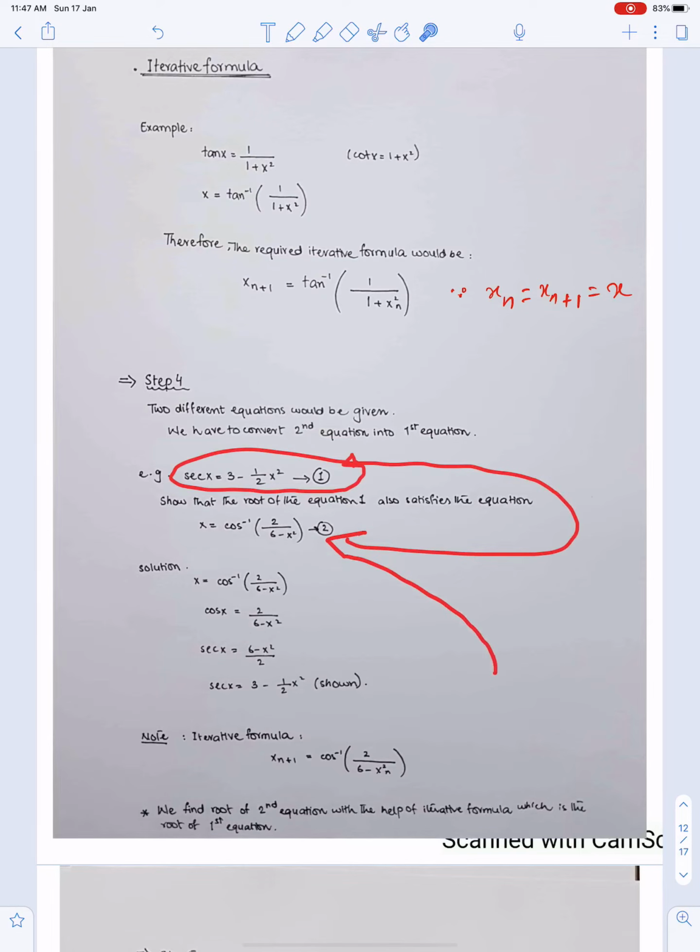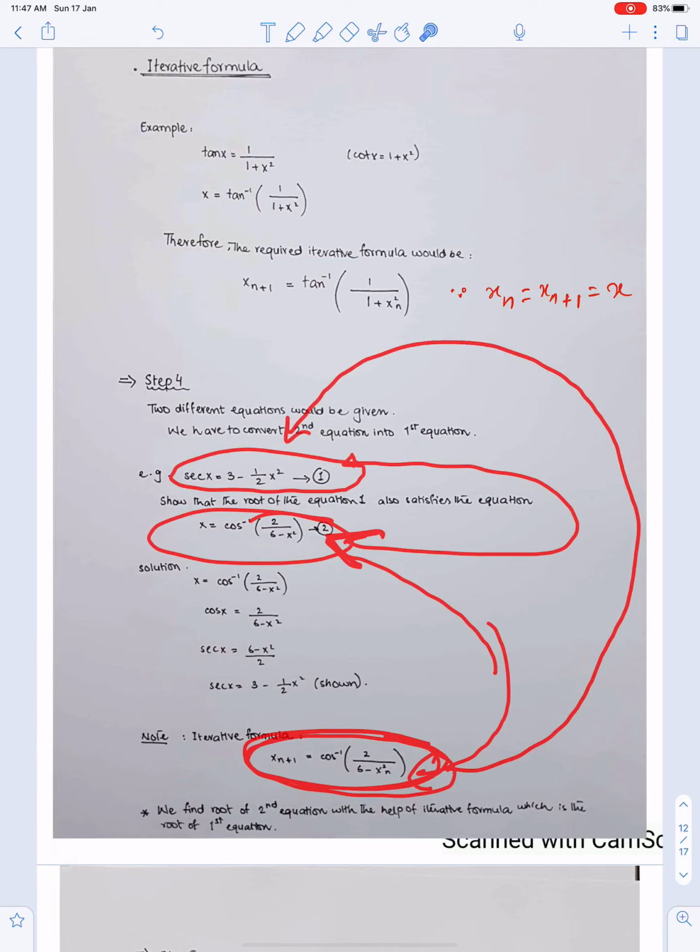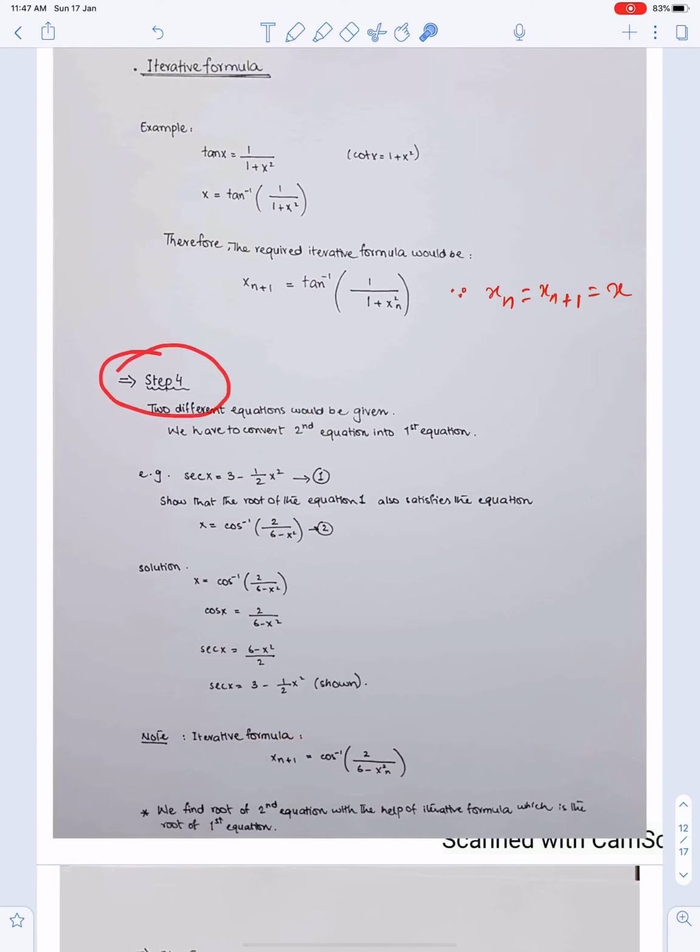We will form the iterative formula through this equation like this. We will get the answer of this equation, and the answer of this equation will represent the answer of this equation. That's the logic of this step 4. But the simplest way is this: always convert the second equation into first equation form. That's it. This is the way to solve this question.